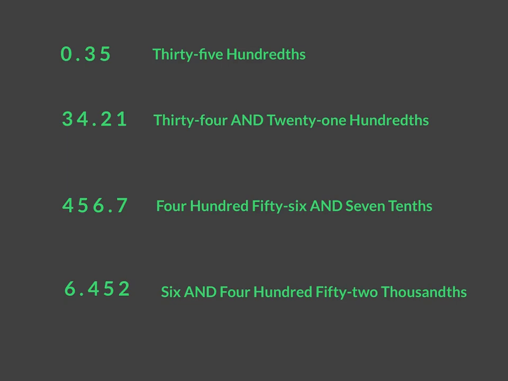We begin with 0.35. In this example, there's no whole number to the left of the decimal. Therefore, there's nothing to read. We start with the number to the right of the decimal, 35.